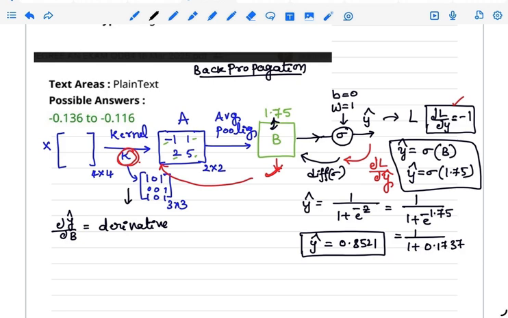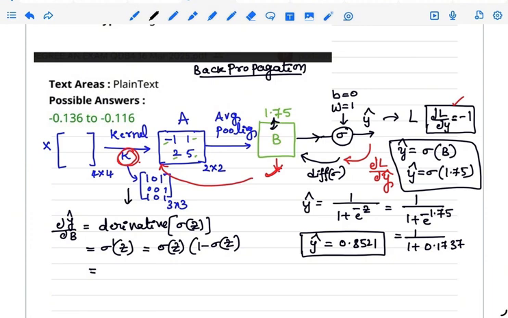So the derivative of sigma of z, that is sigma dash of z. Dash represents the first order derivative, right? The sigmoid derivative is sigma of z times 1 minus sigma of z. Sigma of z we already calculated, right?